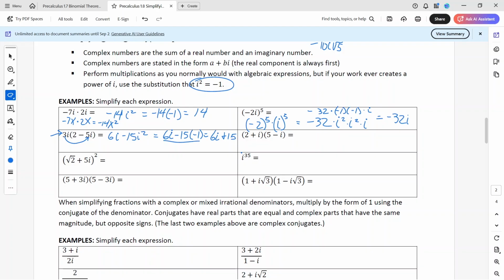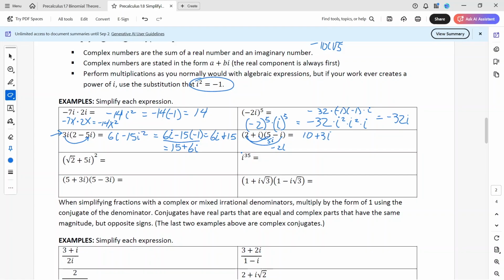Now, one of the things, it is not wrong, but it is customary always when I have a complex number to write the real number component first, the 15, and the imaginary component second. It's not wrong if you don't, but you'll probably get some blue ink on your paper if you leave it in that order there. I'm going to do this like a FOIL. First times first is a 10. Outside pair is a negative 2i. Inside pair is a plus 5i. Put those together for a plus 3i.